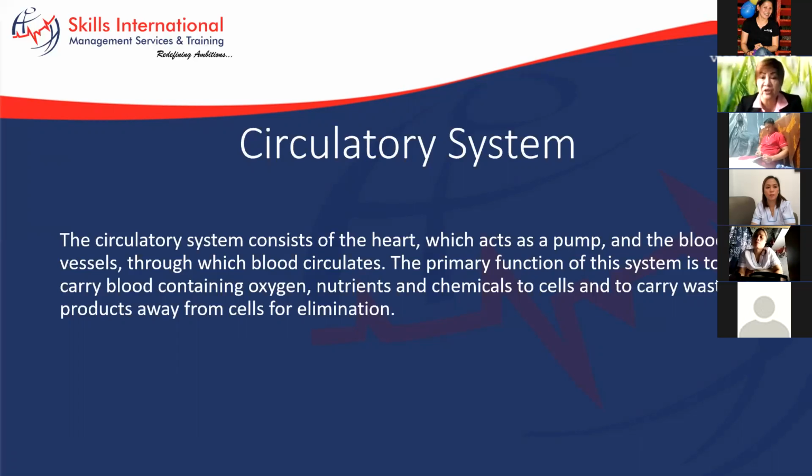The primary function of this system is to carry blood containing nutrients and chemicals to cells and to carry waste products away for elimination. So yung oxygenated blood umiikot sa buong katawan natin. So ito nagdadala through the oxygen, may nutrients at chemicals.